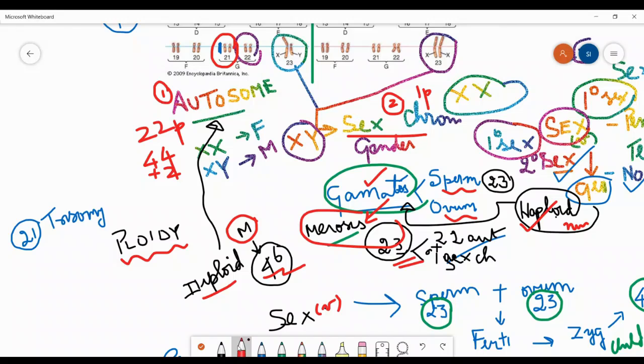And here the ploidy is called aneuploidy. So we saw that euploid is normal, aneuploidy is abnormal ploidy. So this results in a disease seen in humans. It's also called Down syndrome, 21 trisomy.